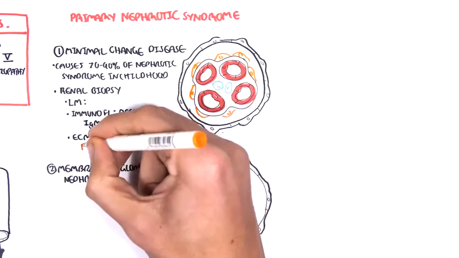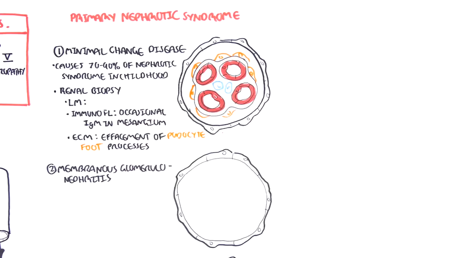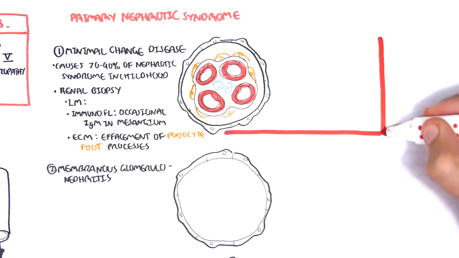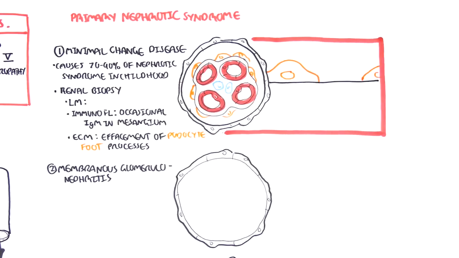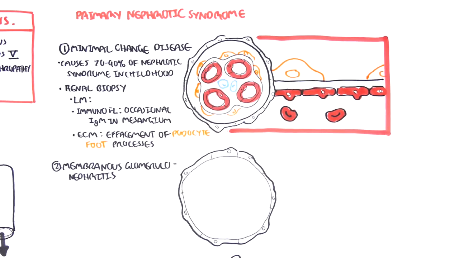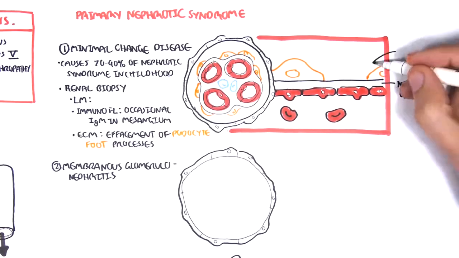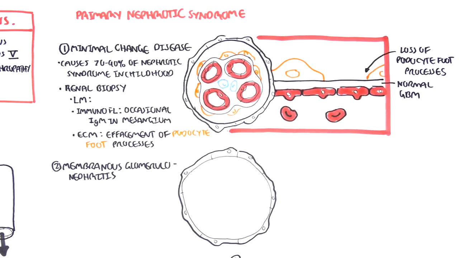Electron microscopy shows effacement of podocyte foot processes and cells. So here we have the capillary vessel, the glomerular basement membrane, and the podocyte effacement, and you can see loss of foot projections. The loss of foot projections allows protein from the glomerulus to be filtered through and enter the Bowman's capsule and into the tubule.